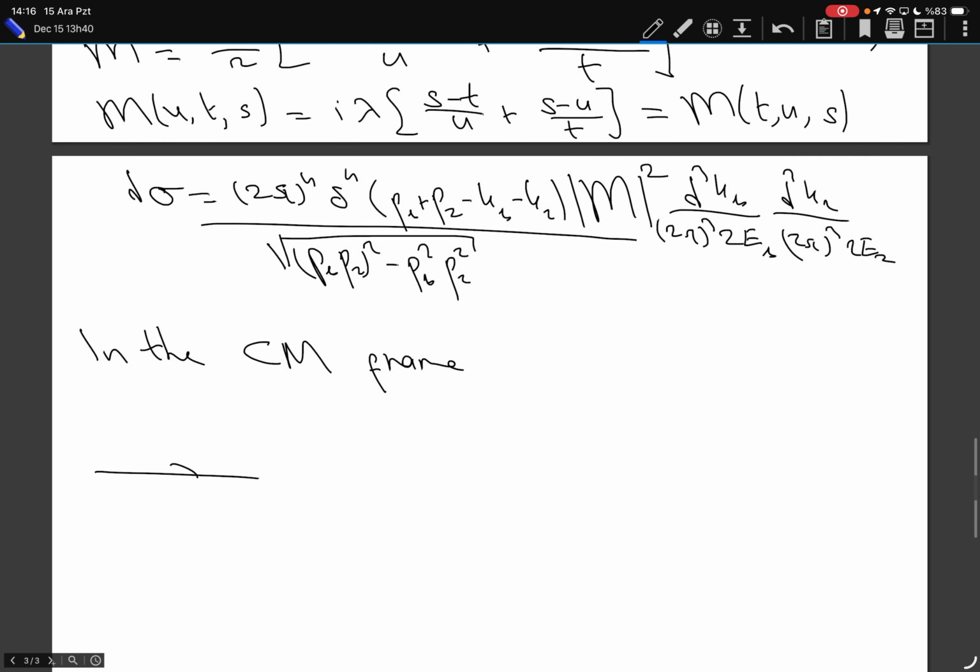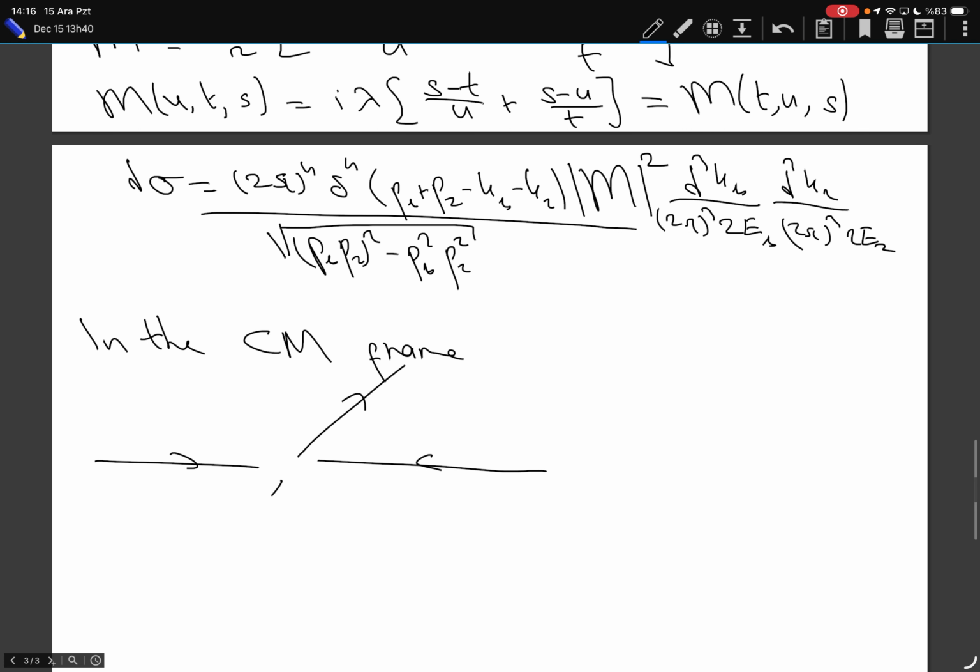You see, my particles are coming in, and then after the collision, they will be moving in some other direction. Let's say this is my particle with momentum P1, this is my particle with momentum P2, this is my particle with momentum K1, this is my particle with momentum K2, and this is the collision region. So what are the variables that any cross-section can depend on?